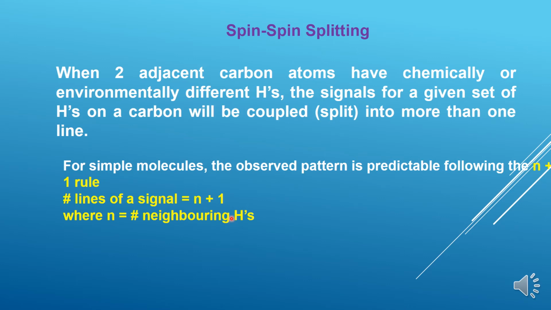So this all depends on the neighboring hydrogens present in the molecule. Suppose only one neighboring proton is there, doublet. Two protons are present, triplet. Three protons are present, quadruplet. Like that, splitting takes place.